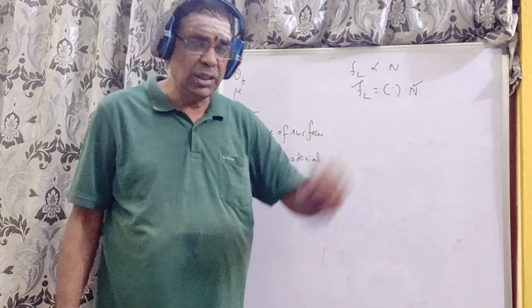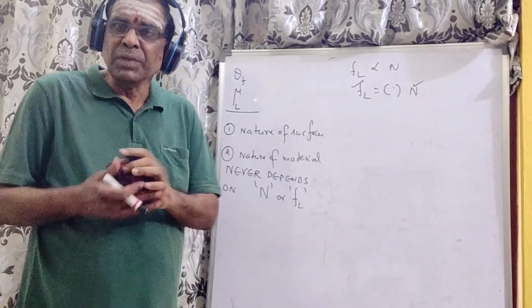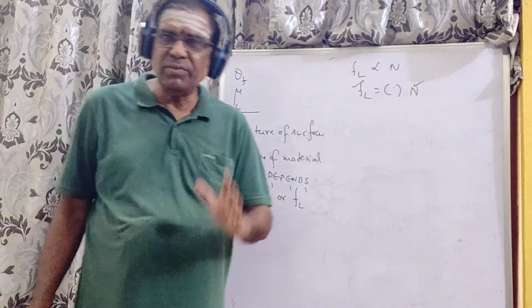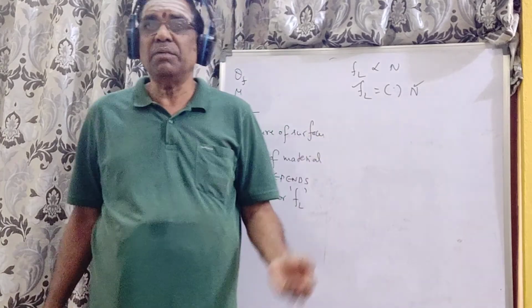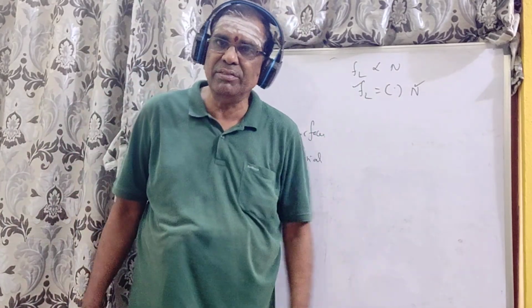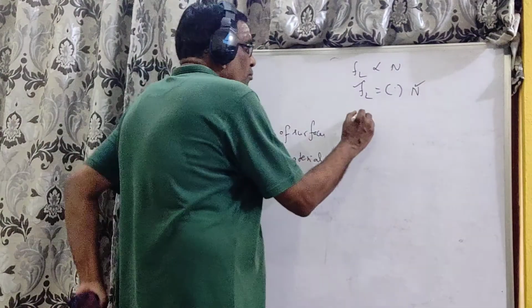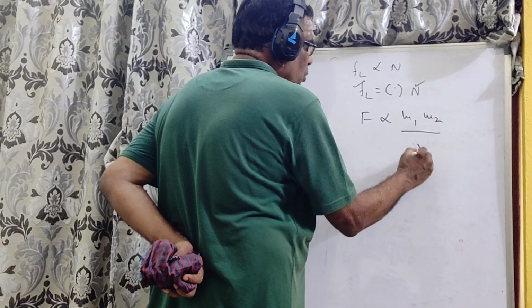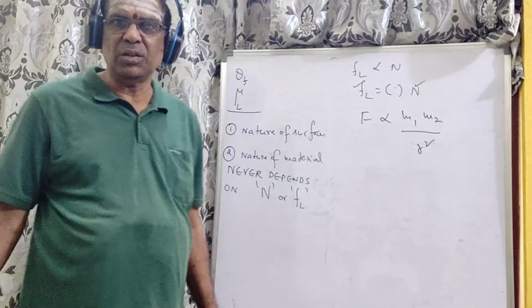I'm going to make this a universal statement. The constants of proportionality never ever depend on the parameters from which they are derived. For example, F is proportional to M1 M2, inversely proportional to R square.